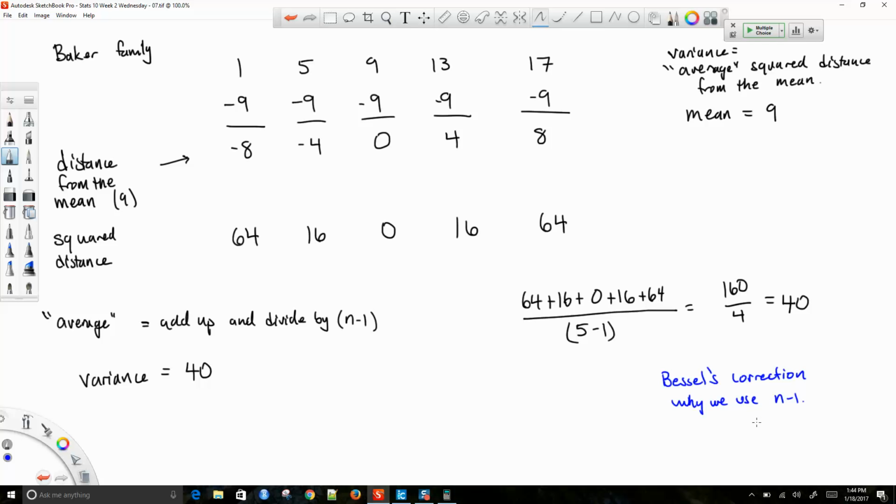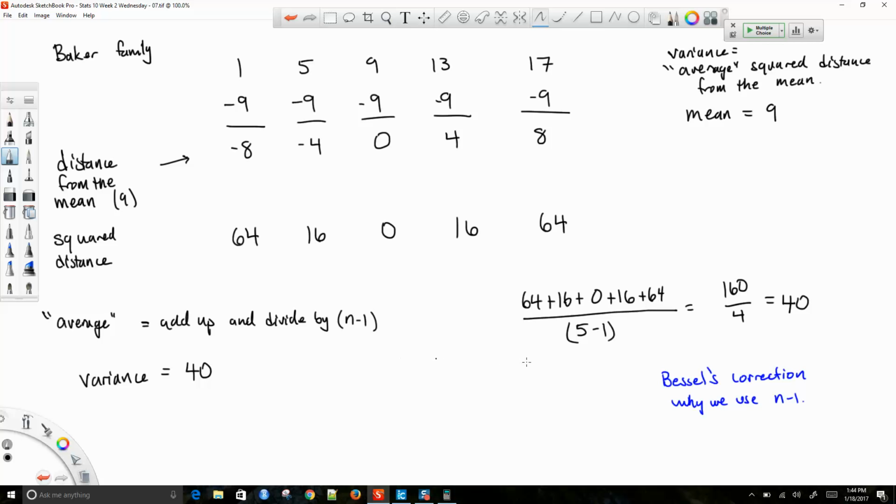It stems from the fact that the variance is actually the average squared distance from the mean in the population, but we don't know the mean in the population. We're using the mean of our sample as a guess, and because our mean comes from the sample, it introduces some bias. We use n minus 1 to correct for that. If that didn't make any sense, don't worry about it. Just remember we use n minus 1 here.